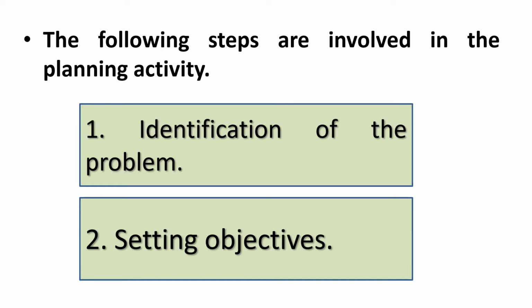Objectives define the results to be achieved and indicate where the primary emphasis is to be placed. They guide the network of policies, procedures, rules, budgets, and programs. Planning is not possible without objectives. It is a path to achieve the objectives.